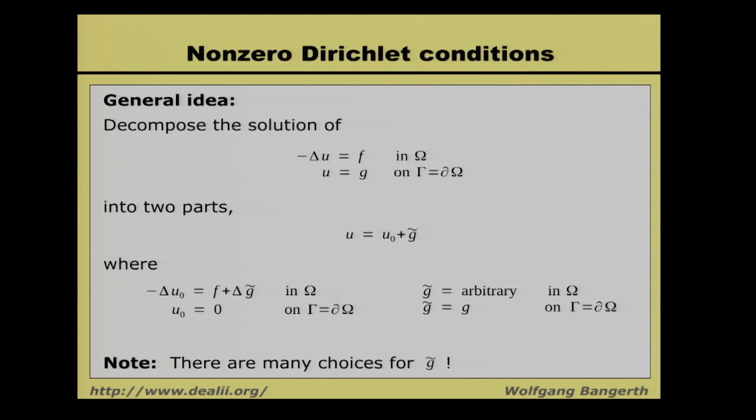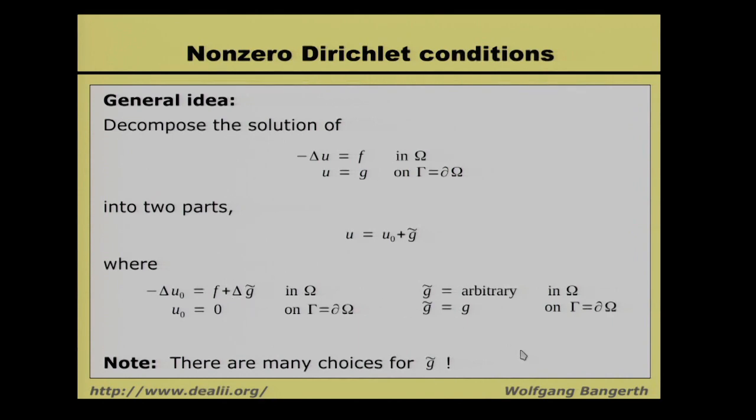I only know what the boundary values of g are, but whatever its values in the interior, they're arbitrary. I can continue that into the interior, from the boundary into the interior, in whichever way I want. Of course, how I choose this makes a difference for what the corresponding solution u0 is, because g tilde appears here on the right-hand side.